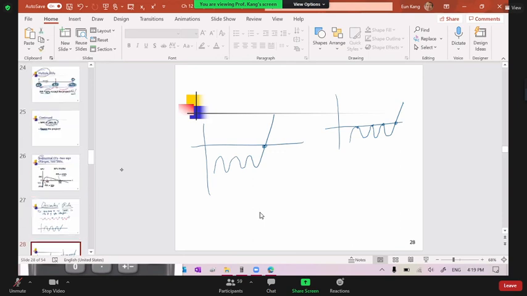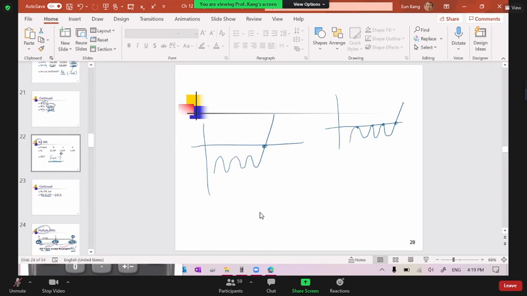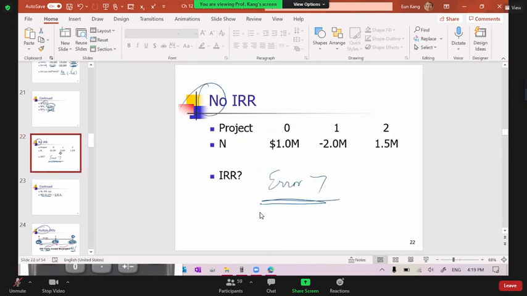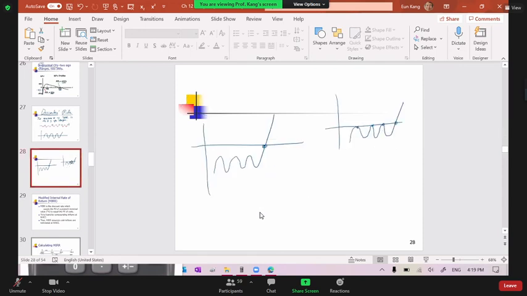And this one, the no IRR case, may be such that there are 3 sign changes. So it's like this, with no touching, right? 1, 2, 3, 4. This is a possible 5 sign changes, but no IRR, right? So that is no IRR.